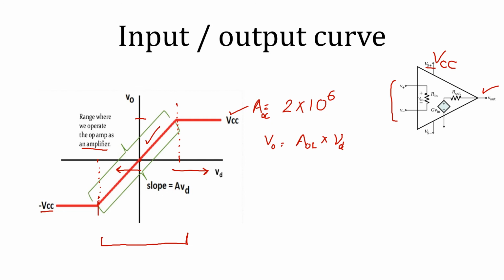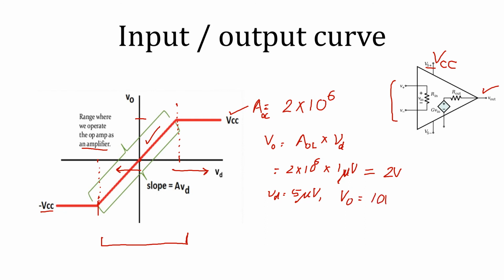Now if our VD is, let's say, 1 microvolt, in that case the output will be 2 volt. But if we increase VD to 5 microvolt, V out will be equal to 10 volt.